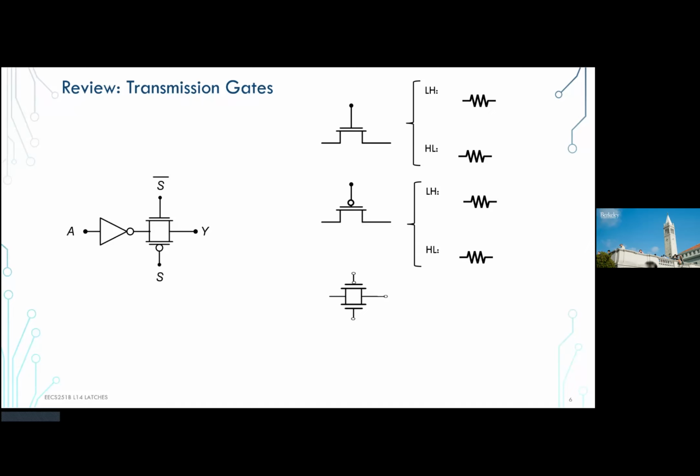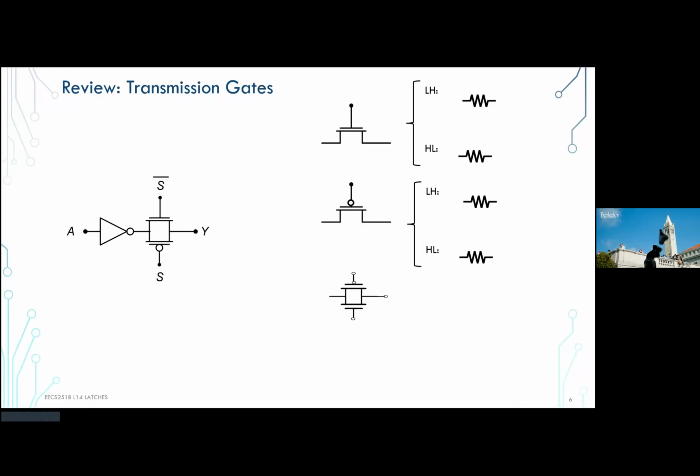I know that an NMOS passes a strong 0, or 1, 0. Okay, so that means that the resistance in high to low transition is going to be what we expected, right?